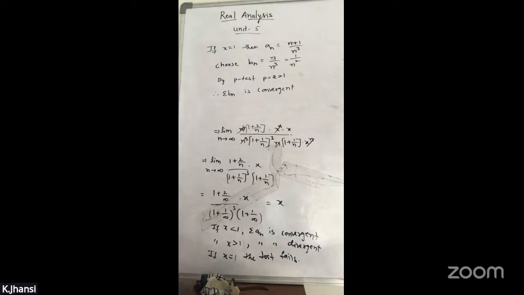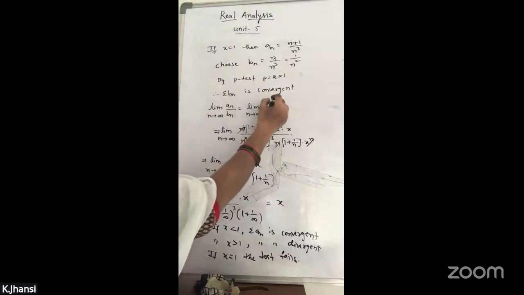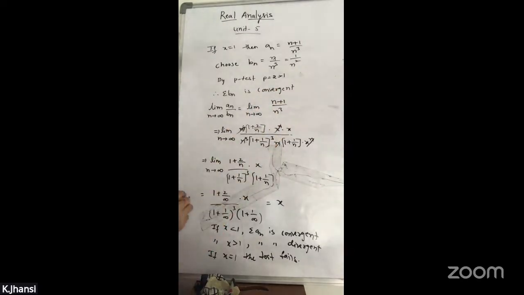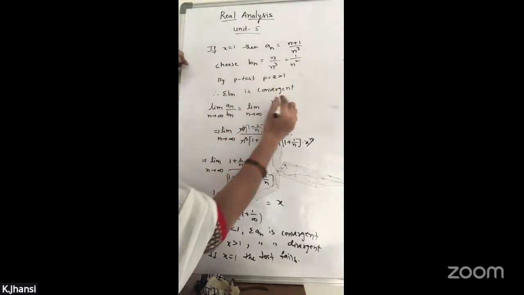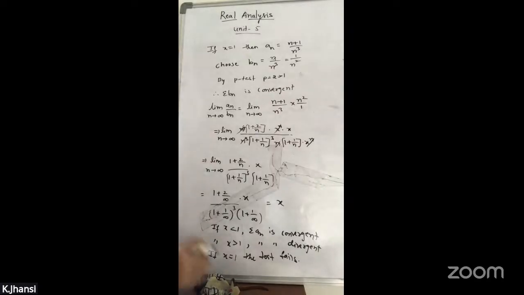Now we'll substitute the an and bn values in the formula. That is limit n tends to infinity of an by bn, which equals limit n tends to infinity of (n plus 1 by n cube) times (n square by 1), since bn is 1 by n square.